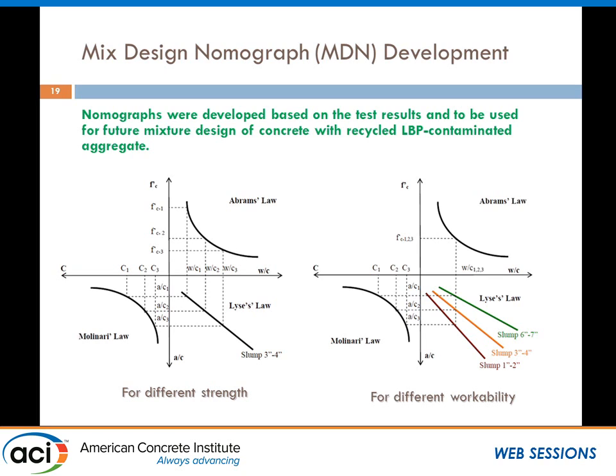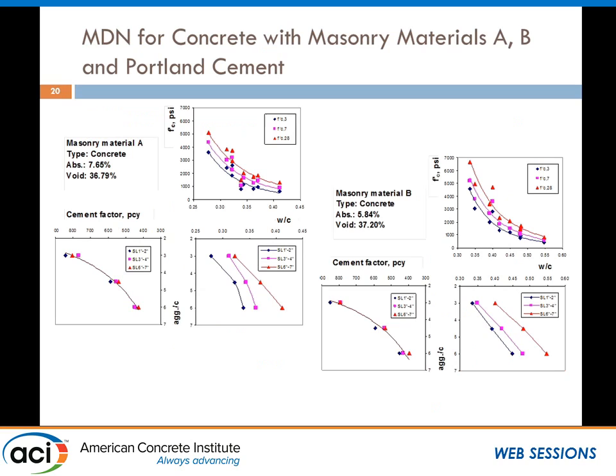So let's see what we have with our own data. These are the 2 with CMU as aggregates. As you can see, they follow the trend pretty well. With increase of water cement ratio, the strength decreases, and this is with different slump, and this is cement factor.